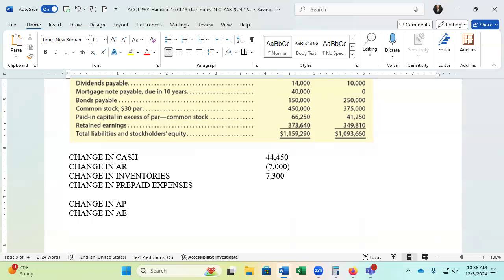Change in prepaid expenses? $380. Change in accounts payable?